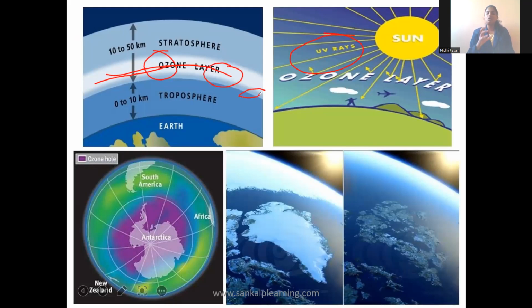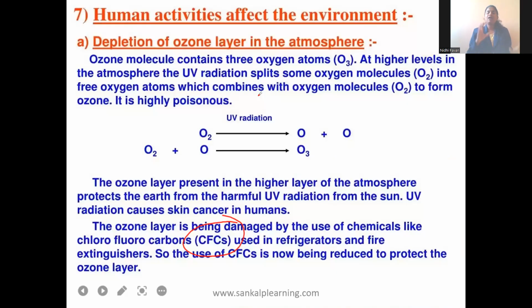This hole is allowing some of the UV rays from the sun to reach the earth. This can be prevented by minimizing the use of chlorofluorocarbons or alternatively using other substances.